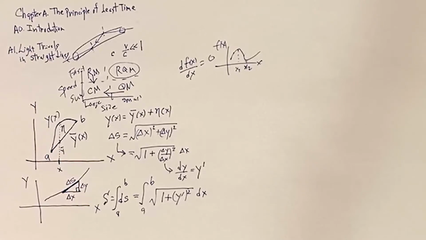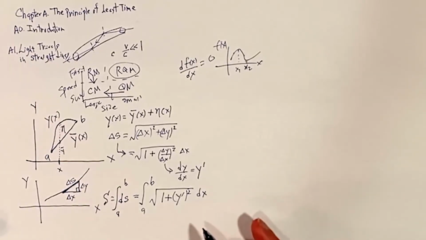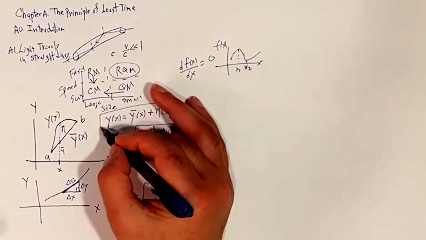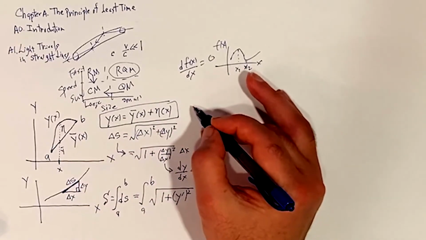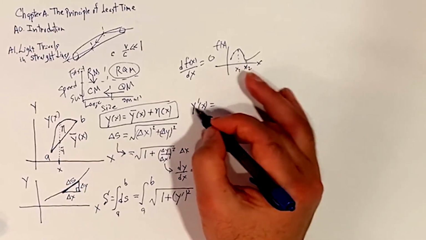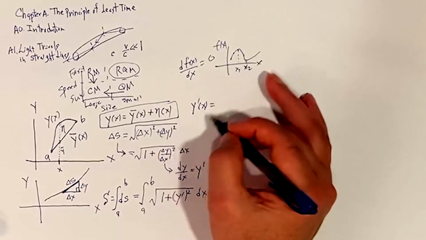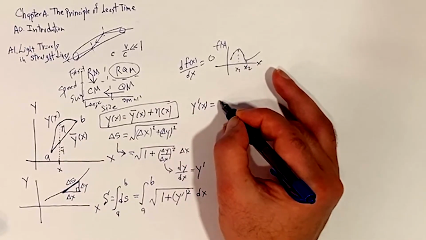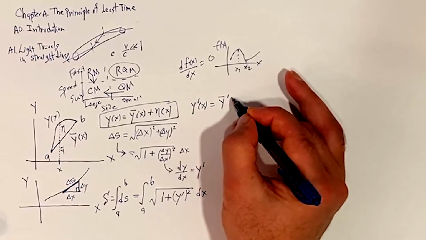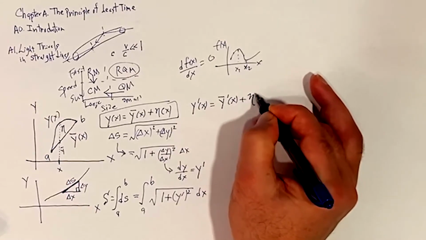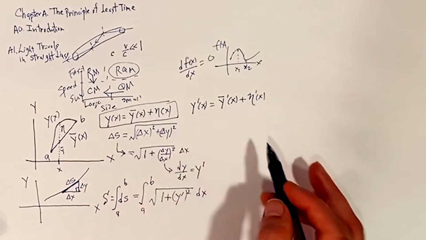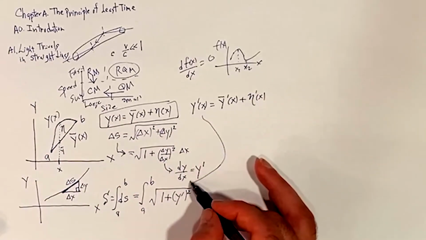So what we're going to do at this point is replace the y here. We're going to use this, and then take the prime of it. So that would be y prime of x, the derivative, as a function of x. Here we're going to have the derivative of the bar function and then the derivative of the eta function, since the derivative of y is the sum of the 2 derivatives.